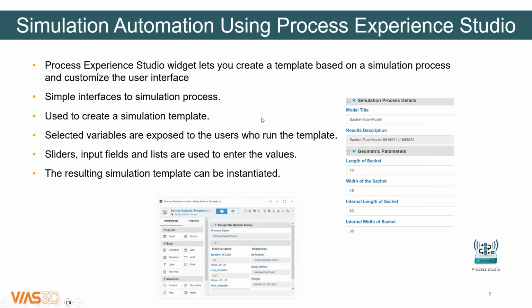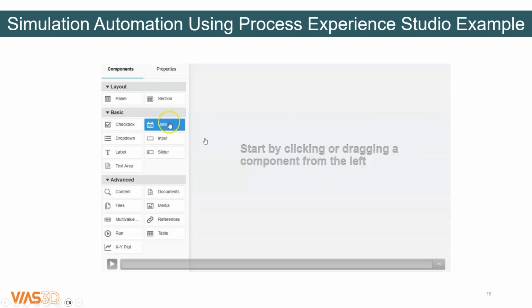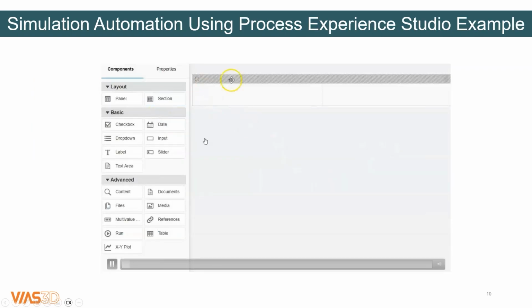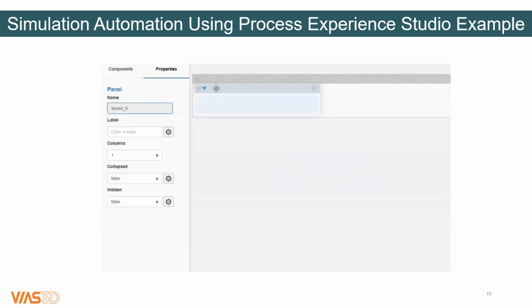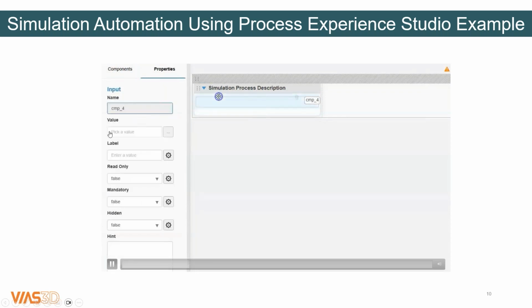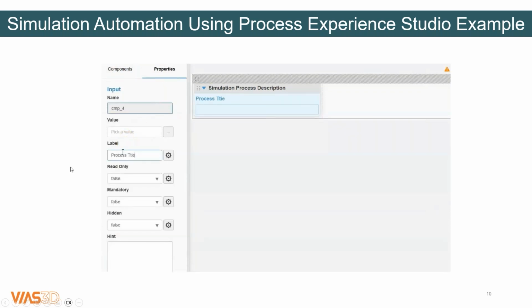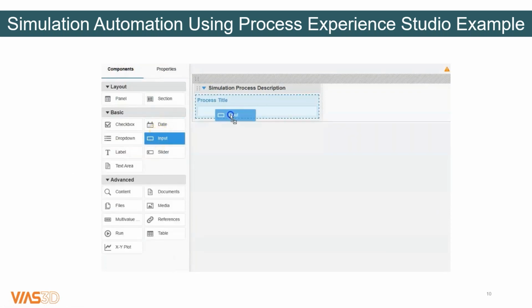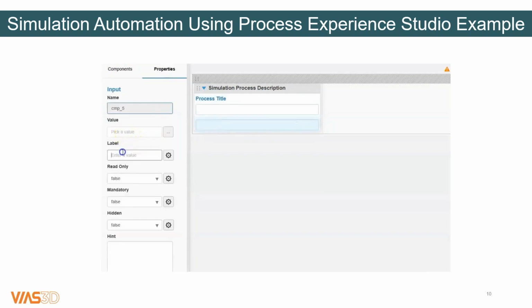On the next slide, I will show you one of the videos that shows you how easy it works. And so as you can see in this short video, this video shows how you can create a template.